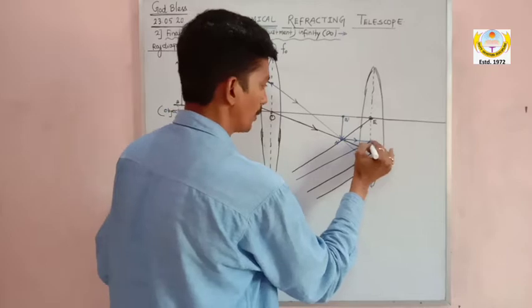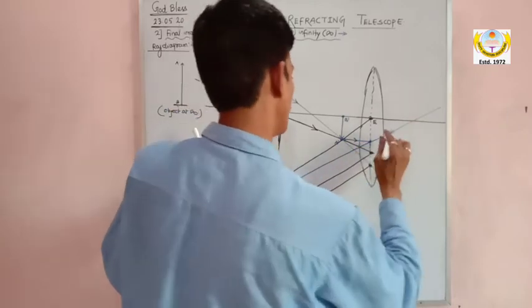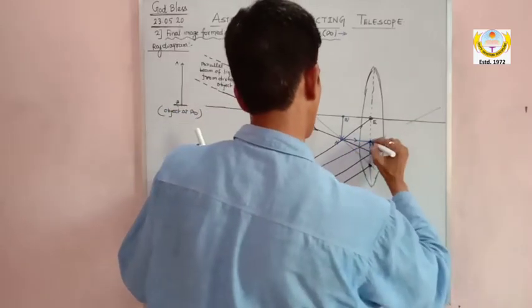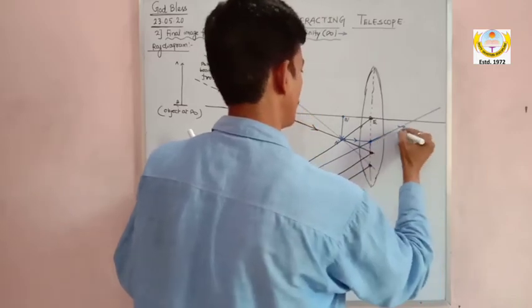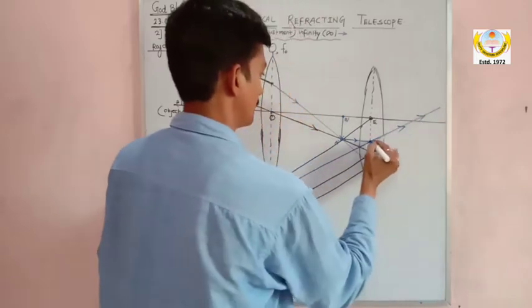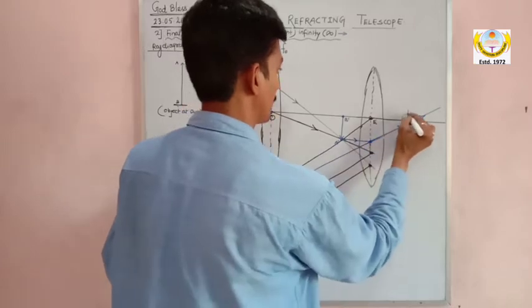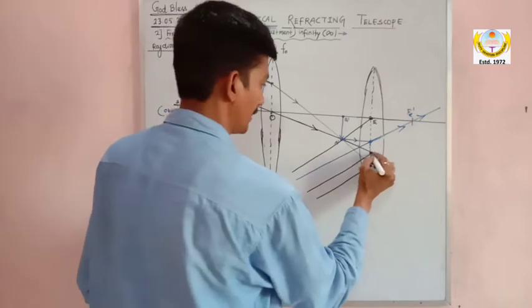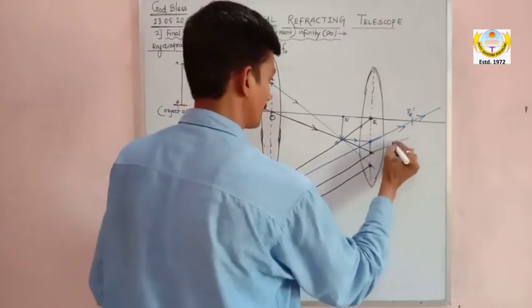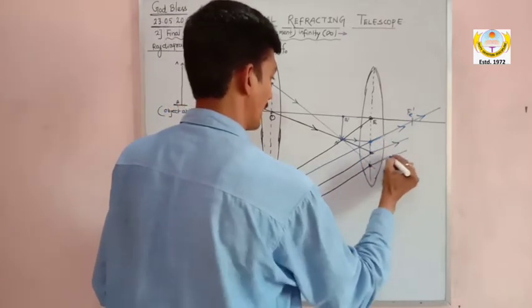So this ray will go here, this ray will go here, my dear. That is nothing but the principal focus of the eyepiece, Fe dash, I can mark it. Even this ray will go like this.